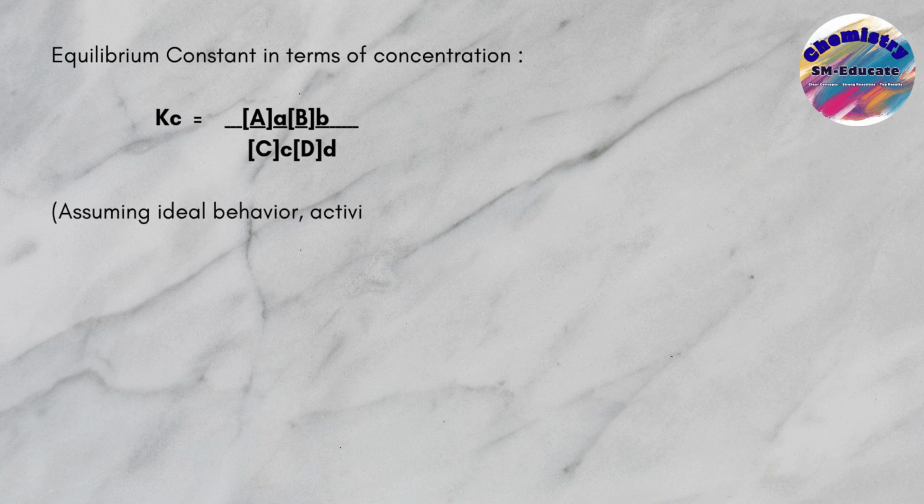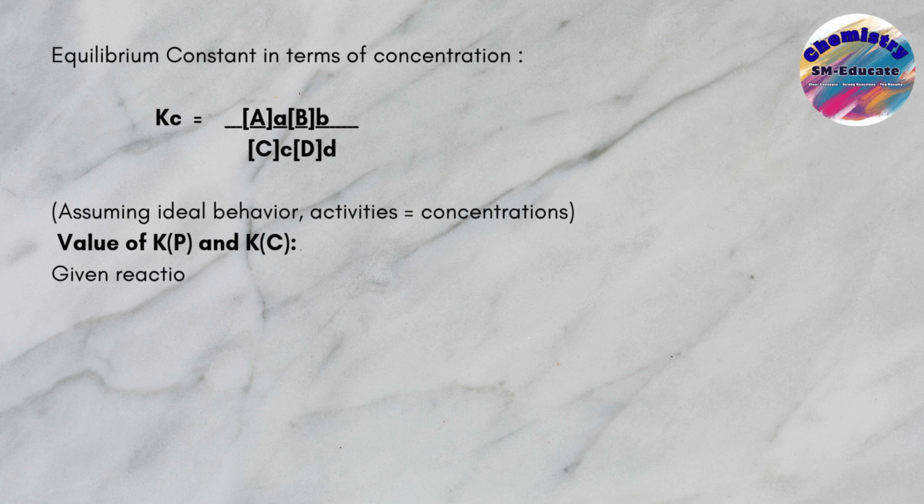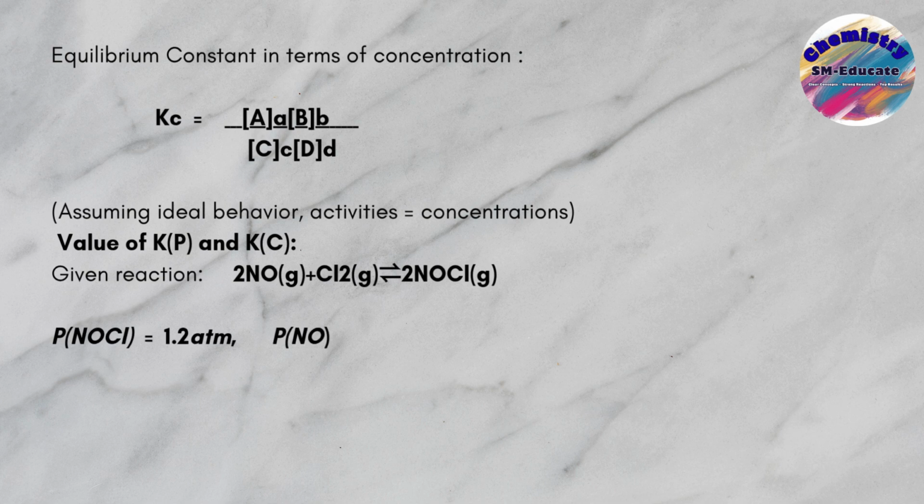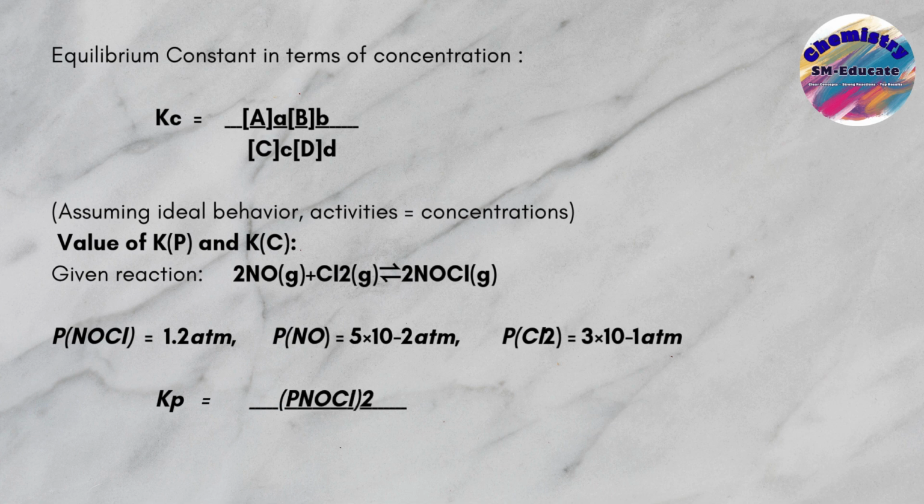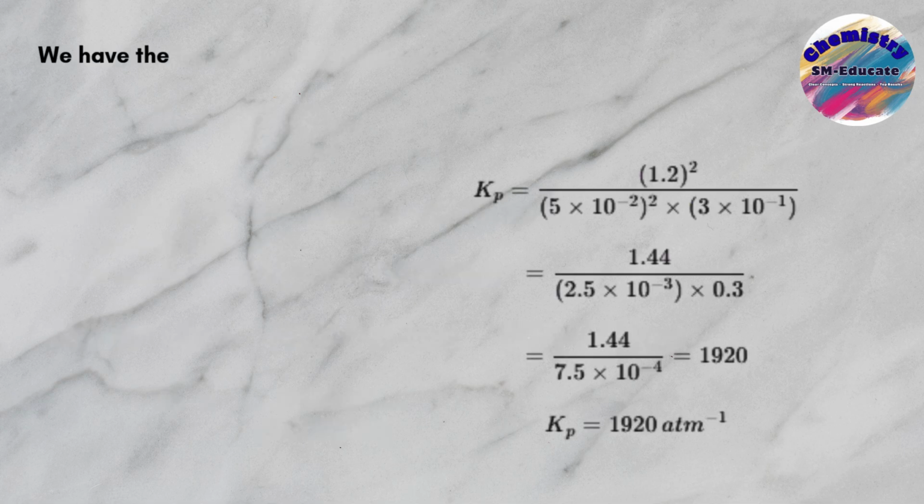Value of Kp and Kc for the given reaction, 2NO plus Cl2 gives 2NOCl. Pressure of NOCl equals 1.2 atm. Pressure of NO equals 5 times 10 to the minus 2 atm. Pressure of Cl2 equals 3 times 10 to the minus 1 atm. Kp equals P(NOCl) squared divided by P(NO) squared times P(Cl2).